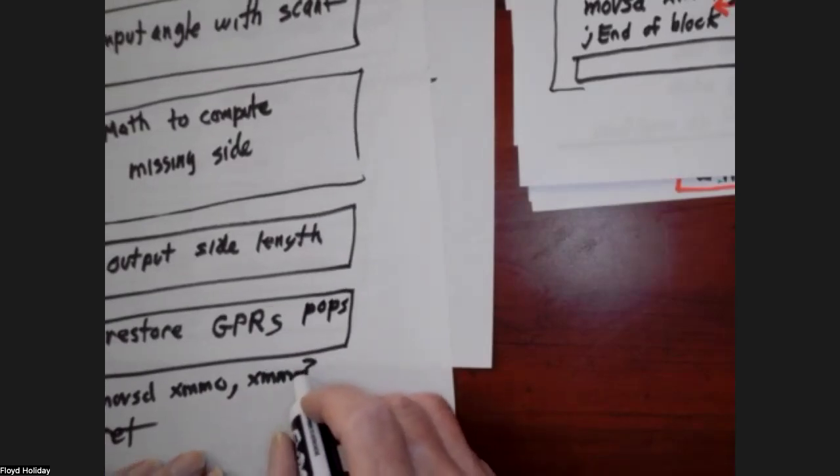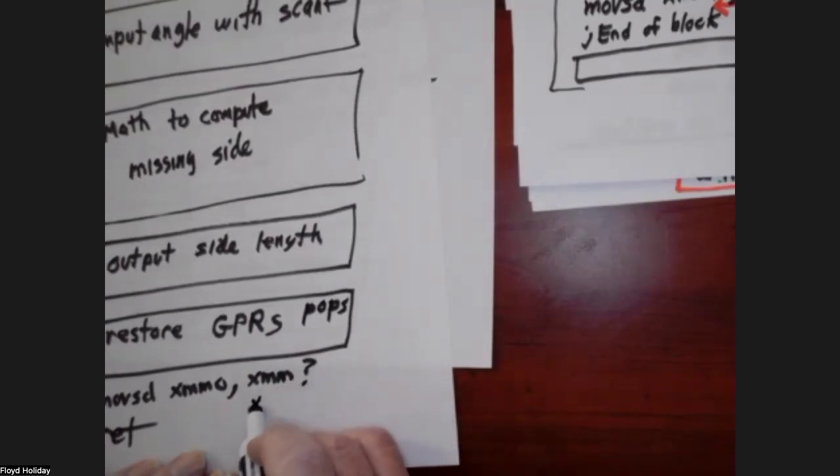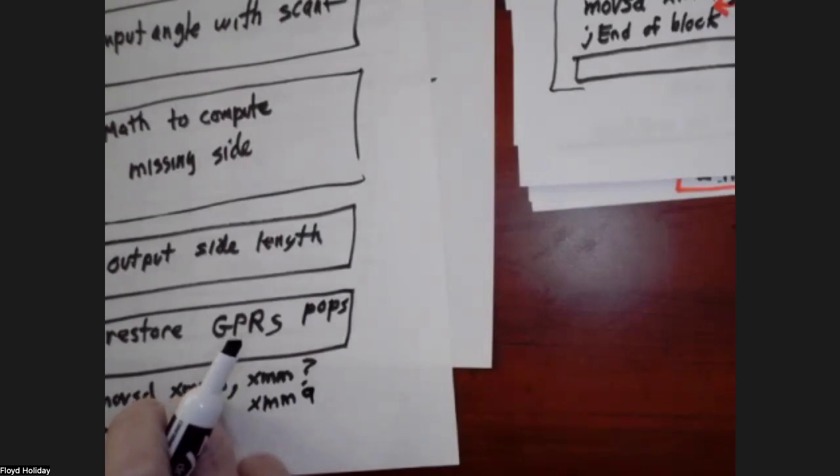But there's one missing thing: the third side has to get back to the caller. That's what this does. You know where the third side is. You left it someplace. So copy it into XMM0, like it shows here, and it will get back to the caller in C++.